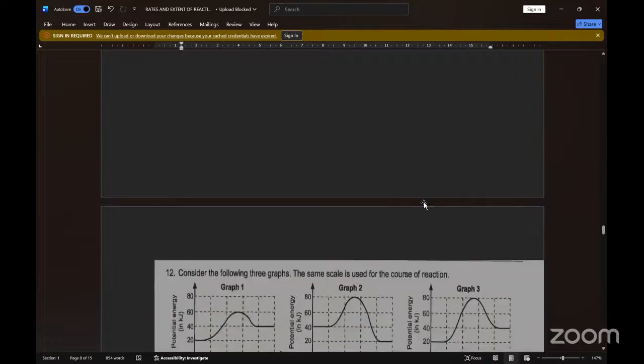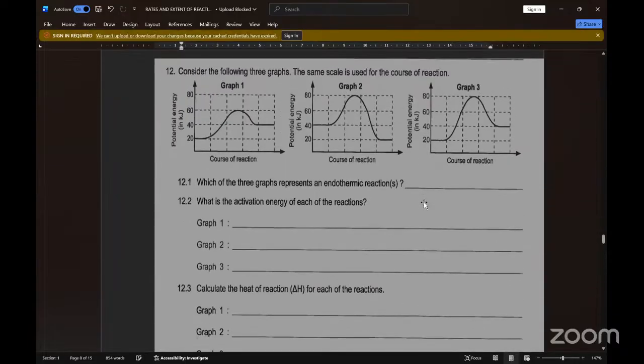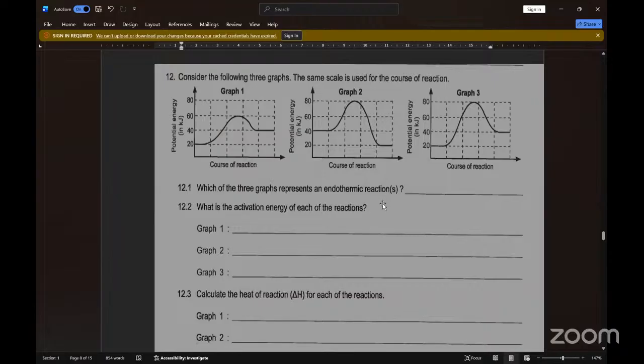Let's try something else. This one says consider the following three graphs. The same scale is used for the course of reaction. Progress of reaction, course of reaction is the same thing. Now it says which of the three graphs represents an endothermic reaction, and they put an S there.